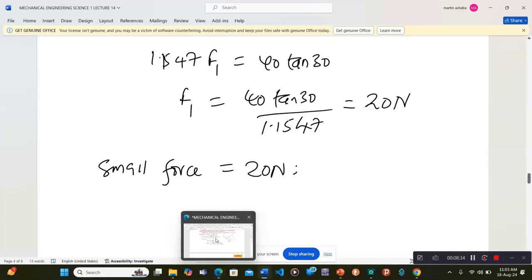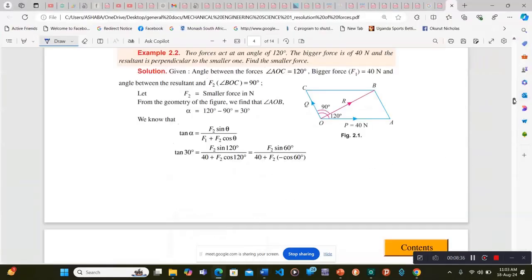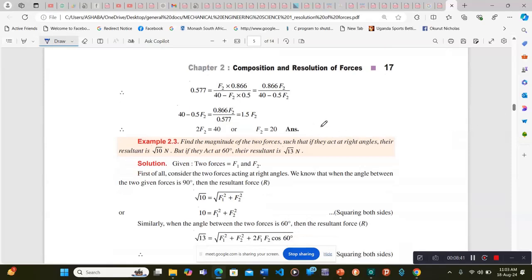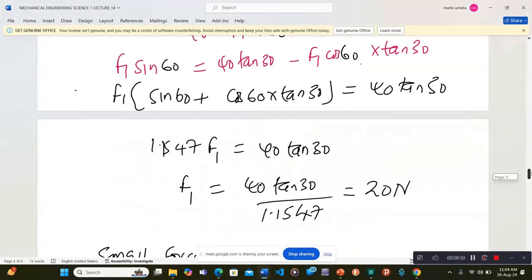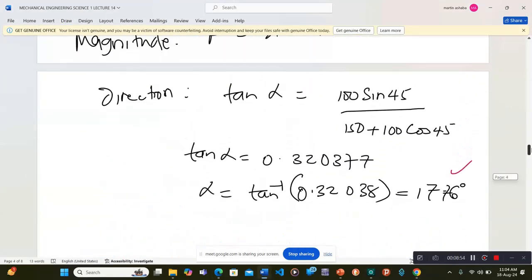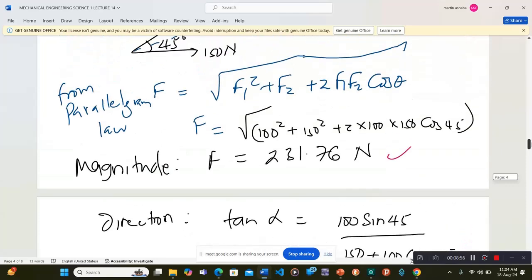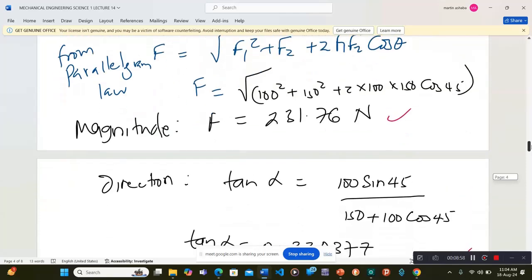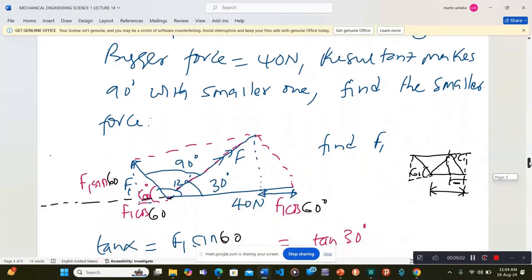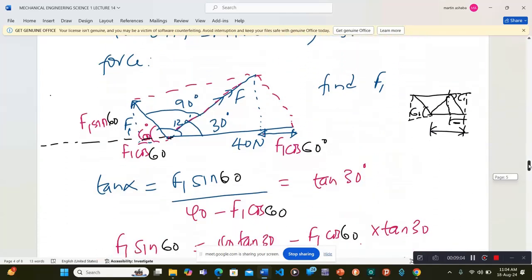So we can check our final answer, and you can see it is 20 newtons. So members, that's how we can apply the parallelogram law of forces in getting the resultant force of two forces that would form sides of a parallelogram.